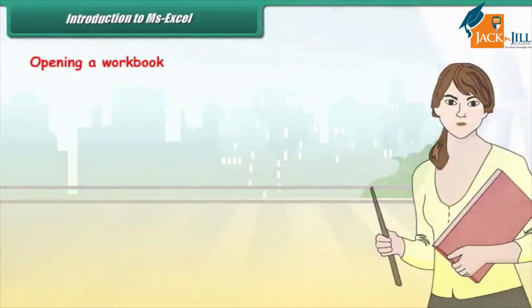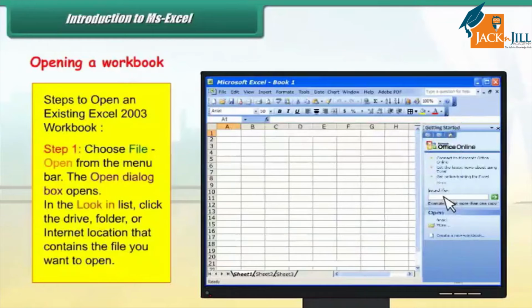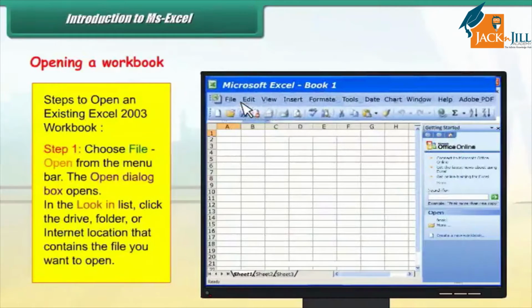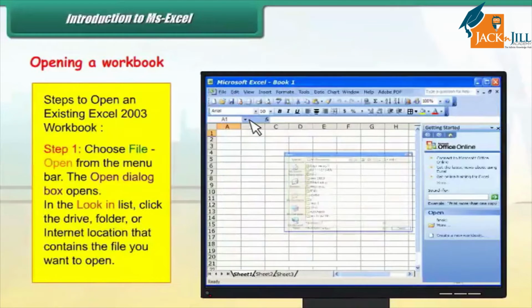Opening a workbook. You can open any workbook that has previously been saved and given a name. The steps to open an existing workbook are as given below. Step 1. Choose File, Open from the menu bar. The Open dialog box opens.